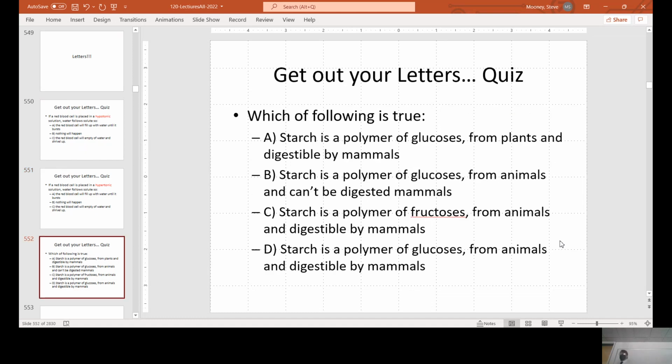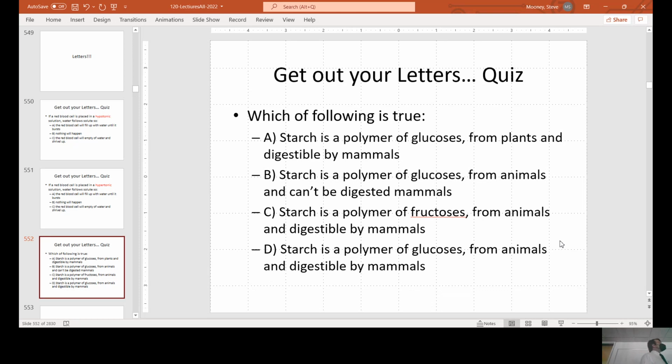Which of the following is true? Starch is a polymer of glucoses from plants and digestible by mammals. Starch is a polymer of glucoses from animals and can't be digested by animals. Starch is a polymer of fructoses from animals and digestible by animals, or D. Starch is a polymer of glucose from animals, digestible by animals.